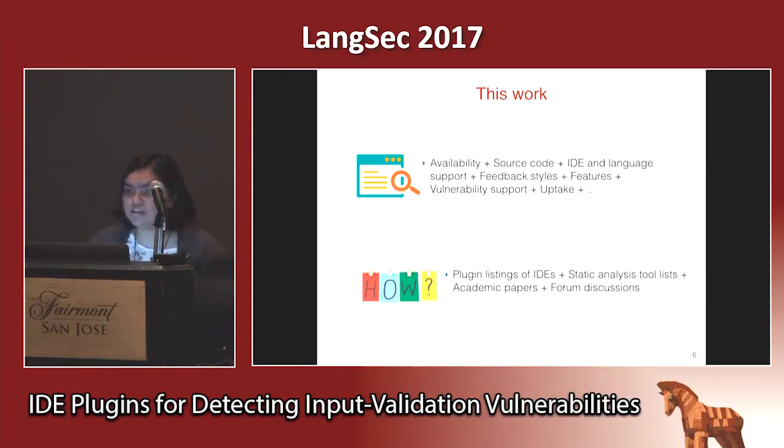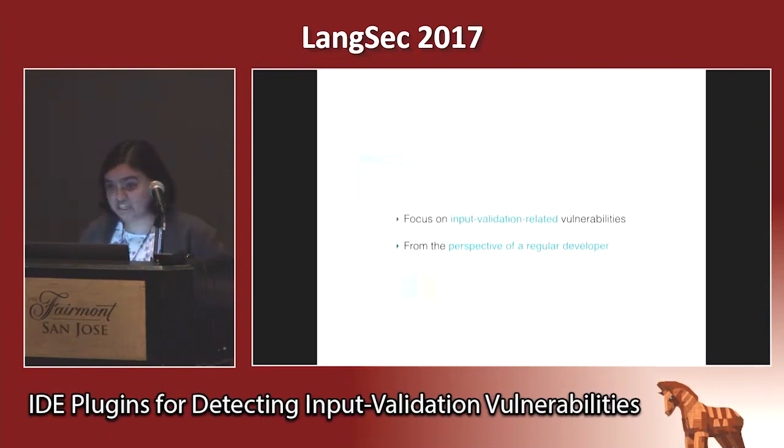We also obviously checked the academic papers, and we went through forum discussions to check if people are talking about some plugins. For this work, we focused on input validation related vulnerabilities, and we wanted to do this from the perspective of a regular developer, to understand the problems they face in gathering information about these plugins.